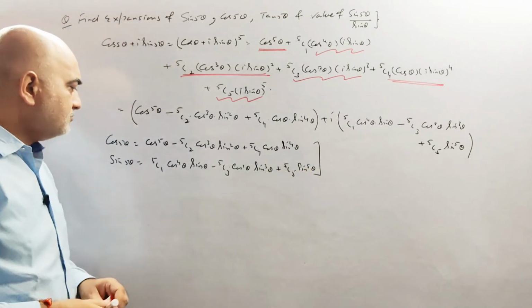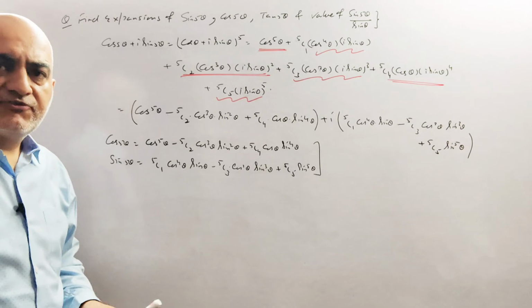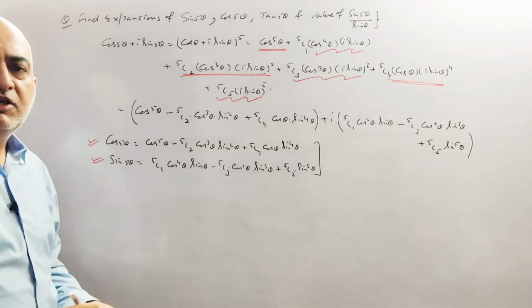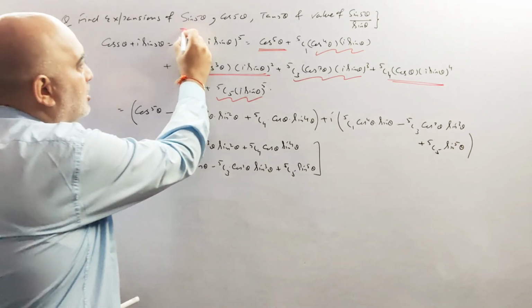So we have these two expansions, cos 5 theta and sine 5 theta.